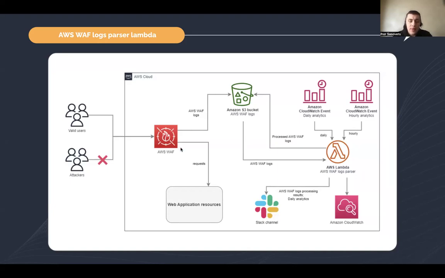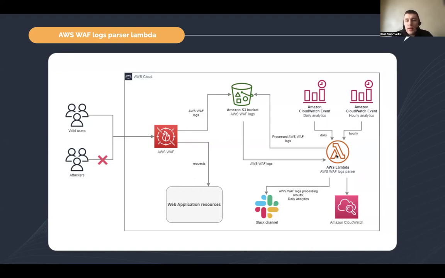We associate our AWS WAF with resources that should be protected, and it processes and analyzes requests to our backend server. But it also stores logs that contain information about blocked or counted requests, depending on how we configured our logging filter, in our case, in an Amazon S3 bucket.